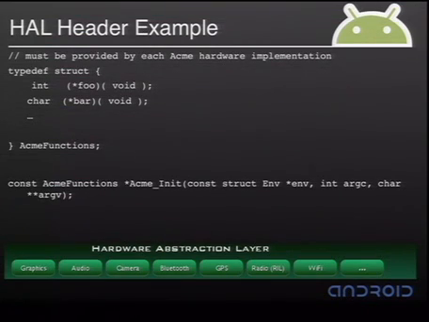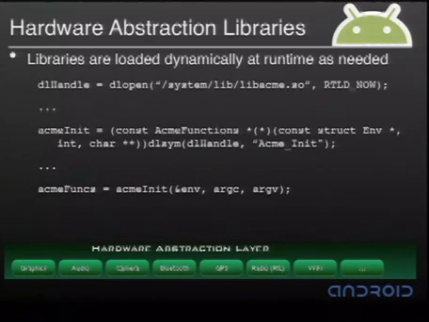Anyone implementing a hardware abstraction library or a hardware driver in user space for, say, audio would compile or link this into a shared library that would be loaded on the device at runtime. So at runtime, Android would just call dlopen, load libacme, and bind to the functions that we need in the Acme component.